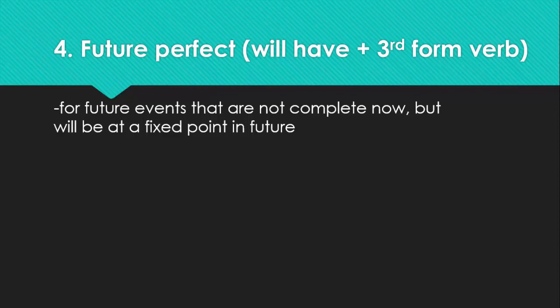So we choose the fixed point, and we are talking about an event that is in the process, probably now, but it isn't finished. And we are discussing the point in future when it will be finished. So for this reason, we often use it with the preposition by. Okay, so by 7 o'clock, by tomorrow.